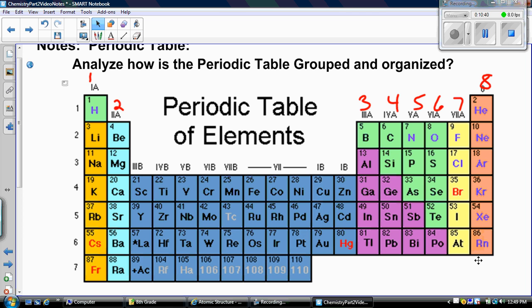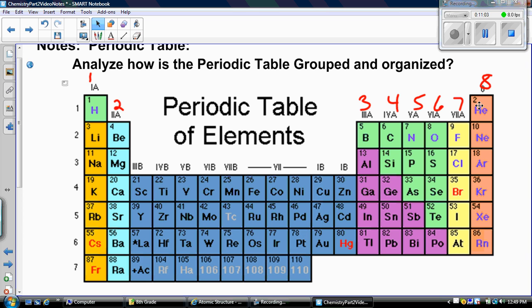And this is why they are called the noble gases, because if they have 8 valence electrons, that means their outer energy level is full. It has all the electrons that it needs. So it does not need to bond with other atoms or other elements to gain or lose electrons. It's already got a full outer shell. That's why they're noble gases.